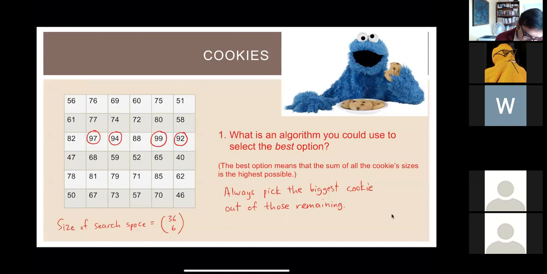What's the next one? An 88, and I guess the next one is 85. Okay, so what do you think? Is this the optimal solution?